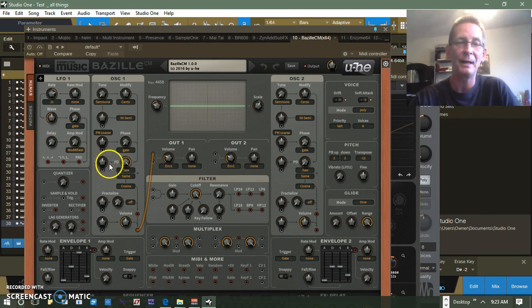Phase distortion by either adjusting it with some parameter or actually hooking the knob up to a low frequency oscillator, and things like that. And here's the volume, because up here, I'm sorry, I made a mistake. This is the frequency modulation to connect this to a low frequency oscillator. And this is the volume modulation to hook that up to a low frequency oscillator.